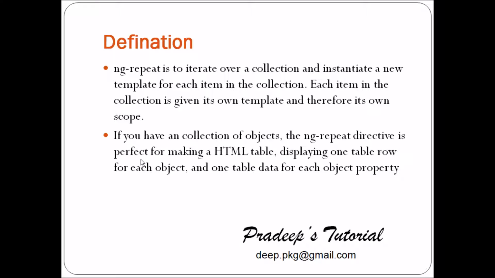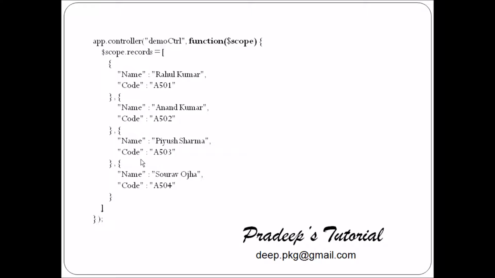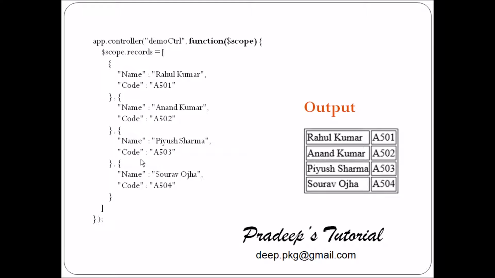First is the ng-repeat directive, we'll create a table and iterate our array of objects and fit it in that table. We'll take an array of objects with records. In records we have name and the code, and our output would be a table in which we'll list the names and their respective code.